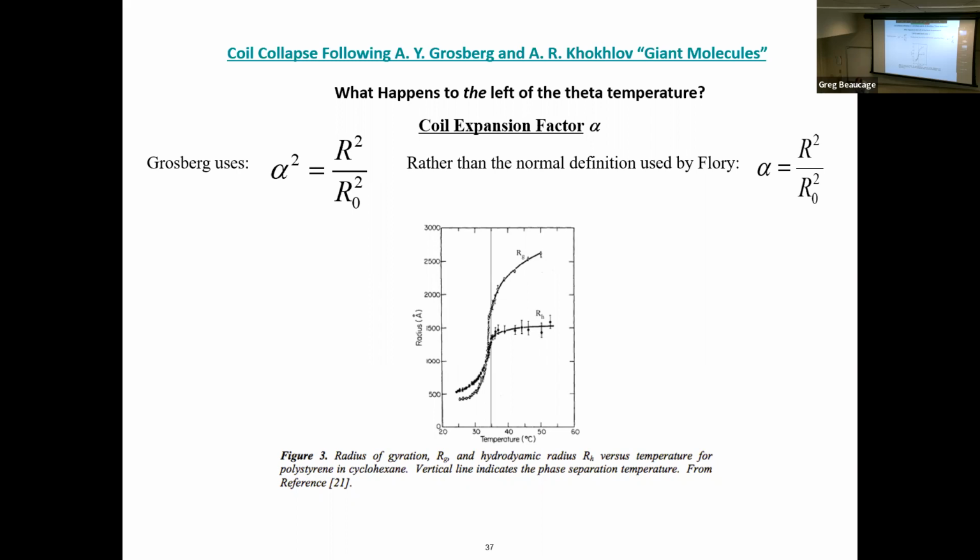And then if you read the paper this week, they don't mention any Russians at all, which is kind of strange. Usually if you're talking about coil collapse, you're going to see a lot of Grosberg and Khokhlov and some other Russian guys floating around it, because they kind of worked out this thing. Anyway, the paper this week's from a guy from China, and he references a bunch of Chinese people.